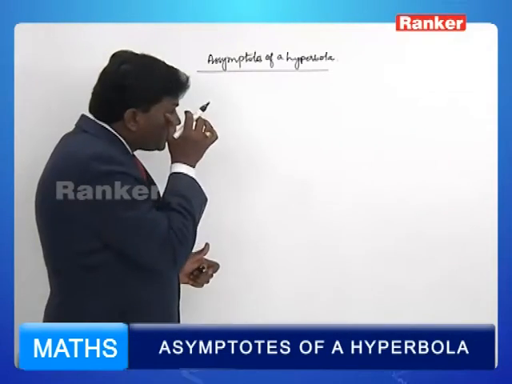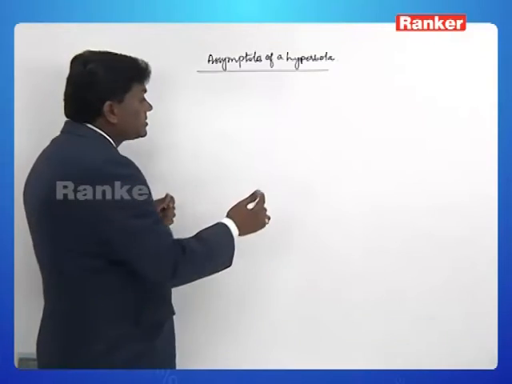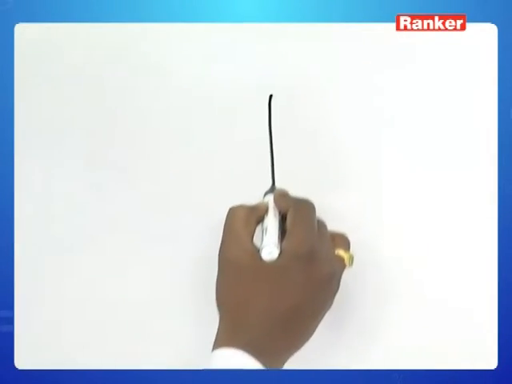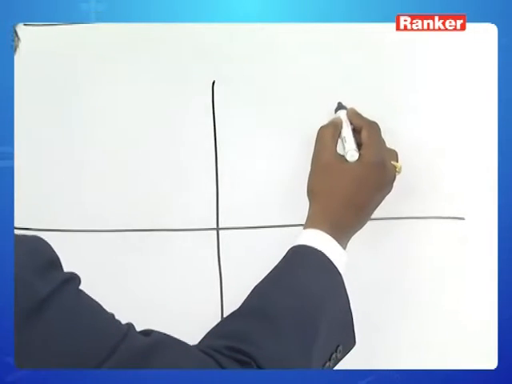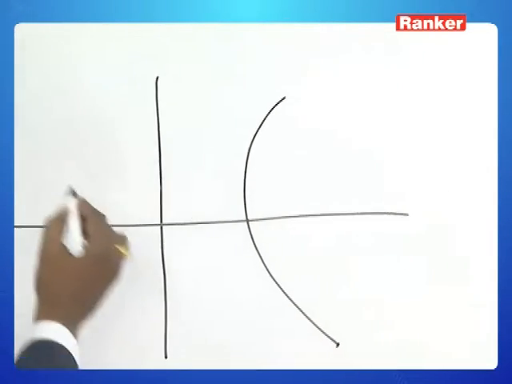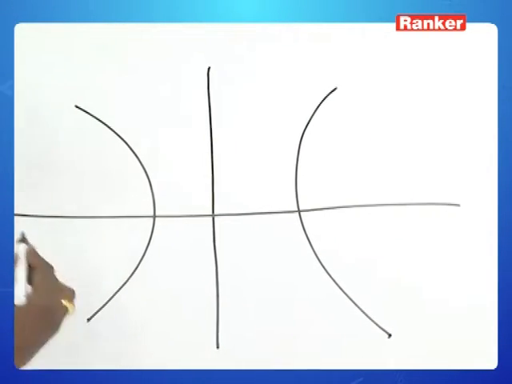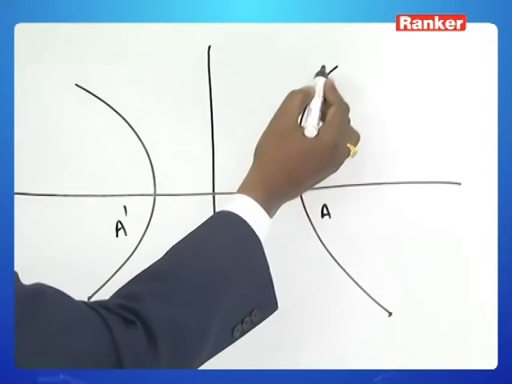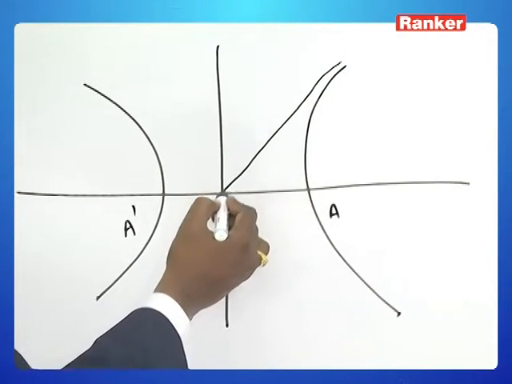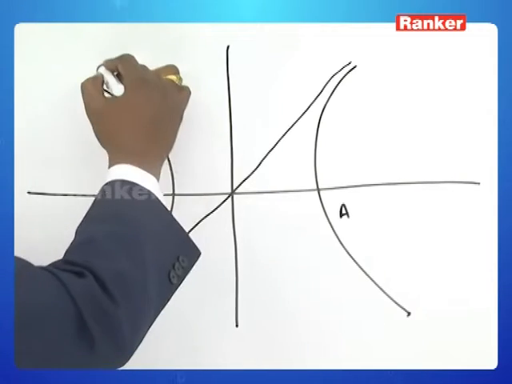We can have one more important part from these asymptotes. If you observe closely the diagram I am drawing, vertices A dash, these are asymptotes.